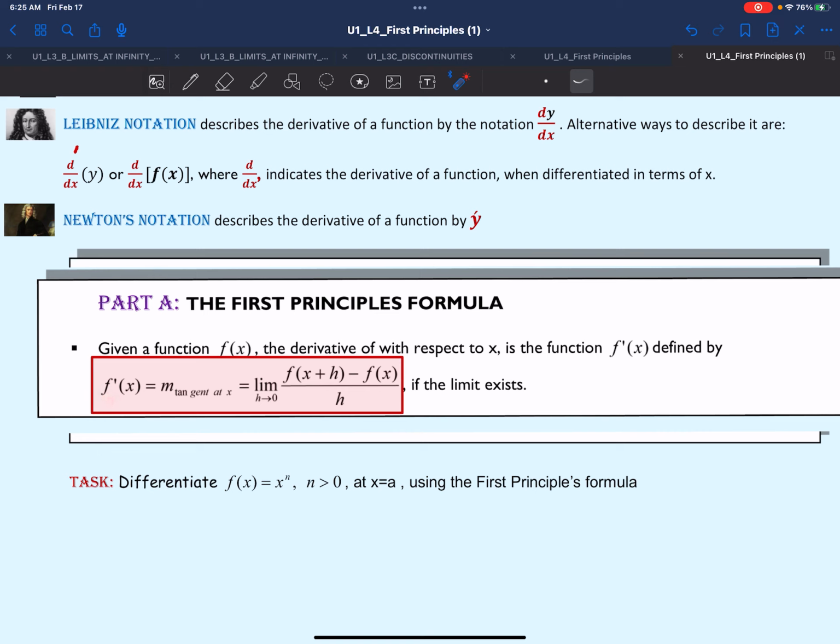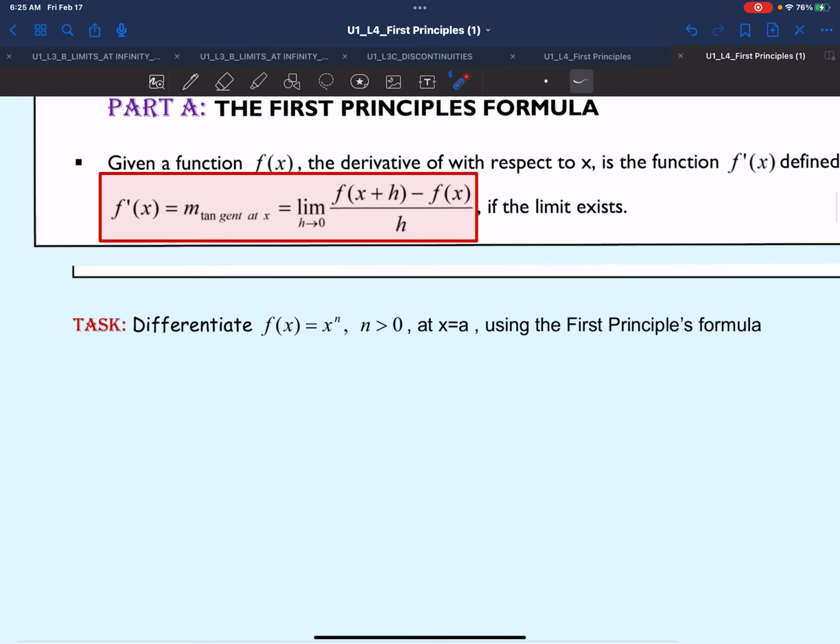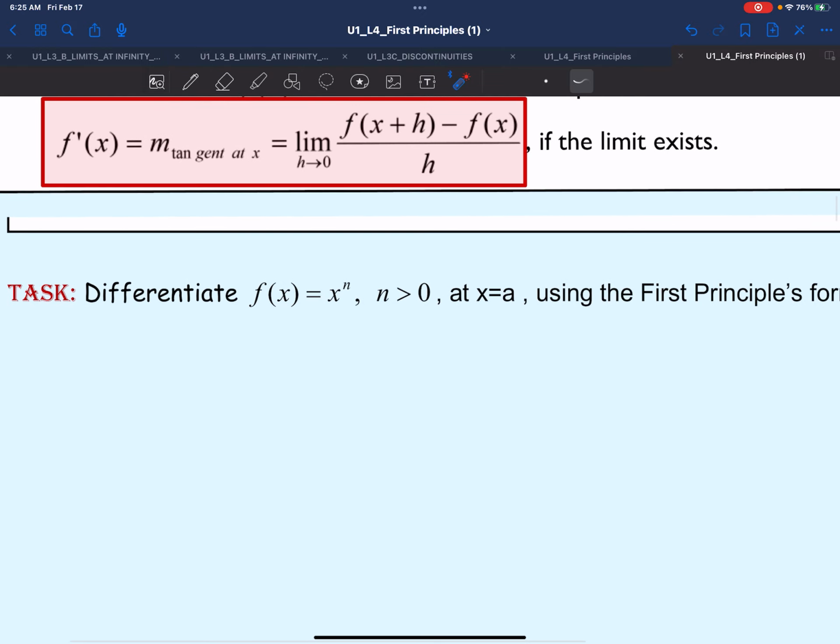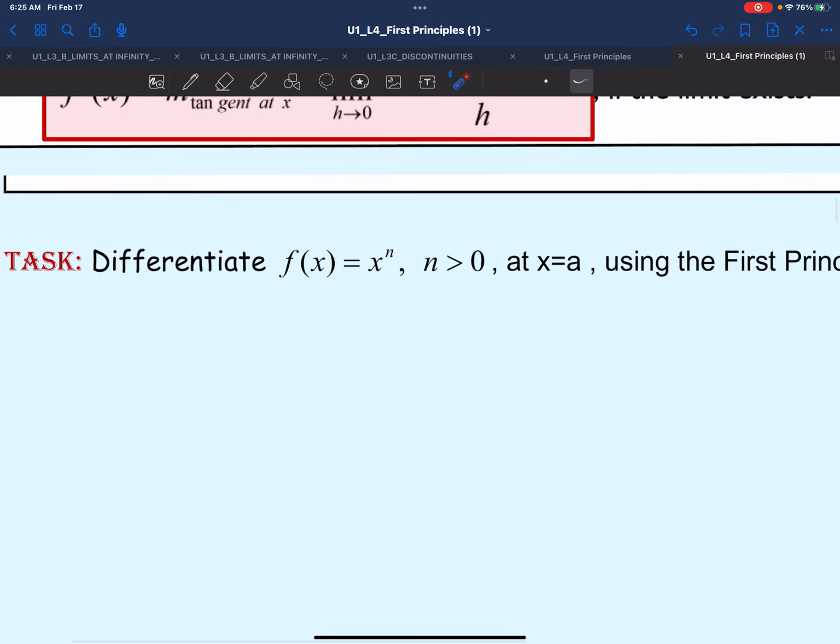The reason why we call this the first principles formula is because it can help us find the derivative of any function with no discrimination about what group the function belongs to. And we are going to practice this very formula to discover the derivative of the function f of x equals x to the power of n, which is part of differentiating polynomial functions.